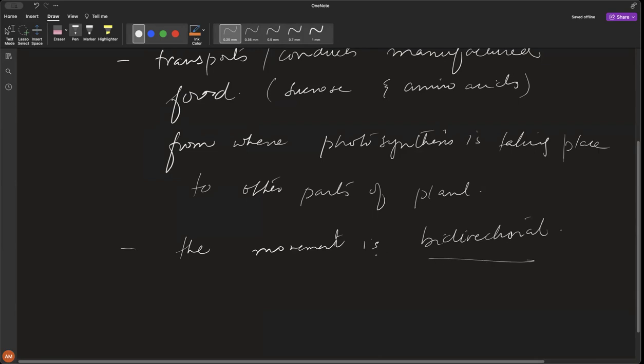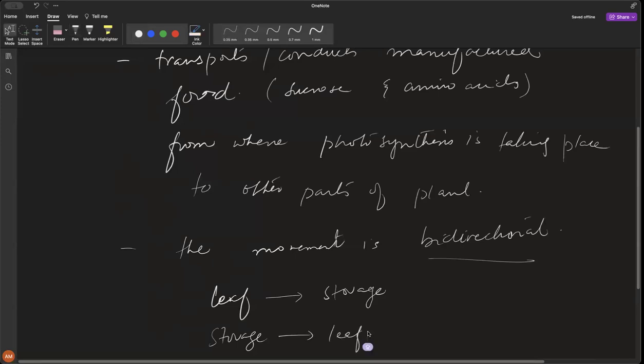It means the food can move from leaf to storage, any roots and fruits, and from storage to leaf.